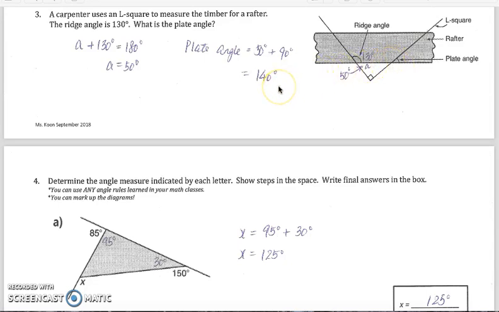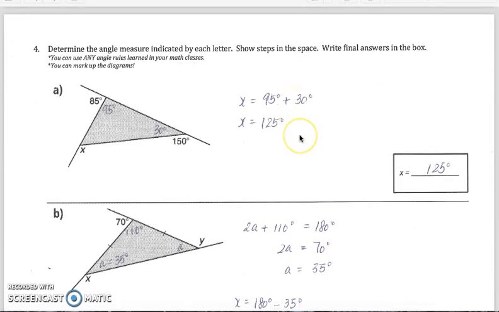So here the written part is incomplete because it only found this outside obtuse angle is 140, and in reality the plate angle is the supplementary angle to 140, which is 40 degrees.